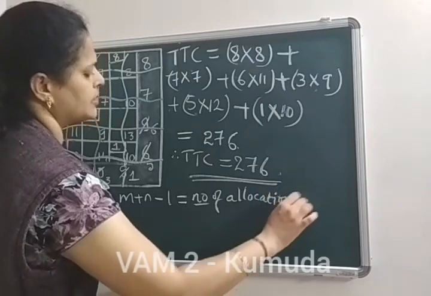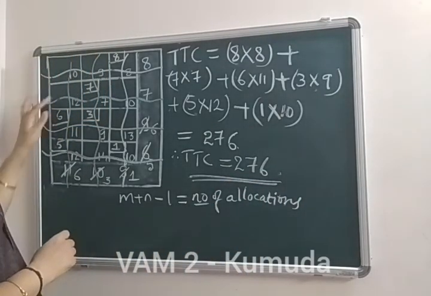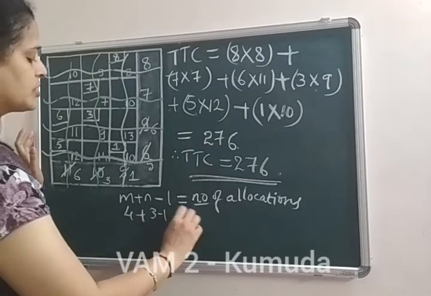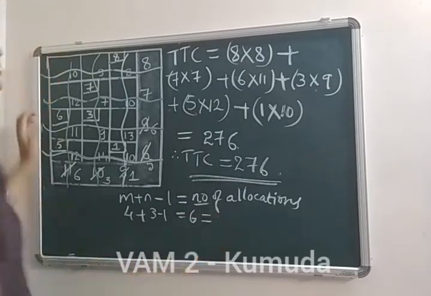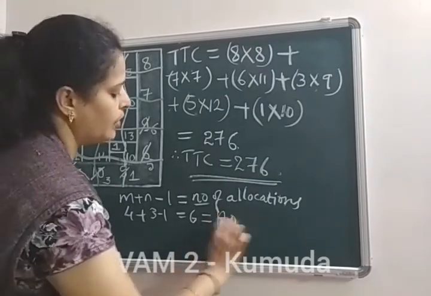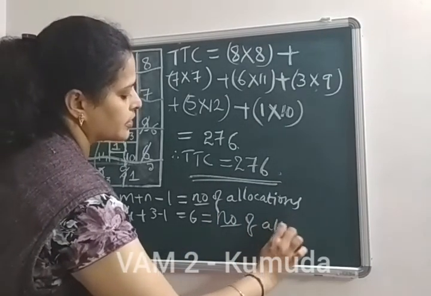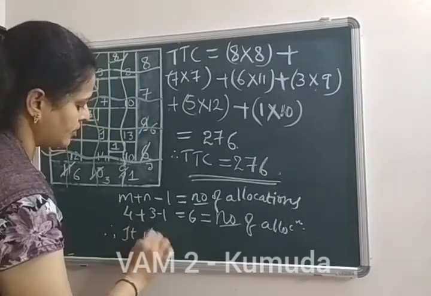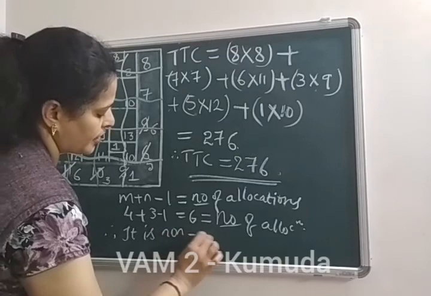This is the condition. Now m being the row, we have 1, 2, 3, 4 rows, plus we have 3 columns minus 1, which is equal to 6. And let us check 1, 2, 3, 4, 5, 6. Yes, it is equal to your number of allocations. Therefore, it is non-degenerate.